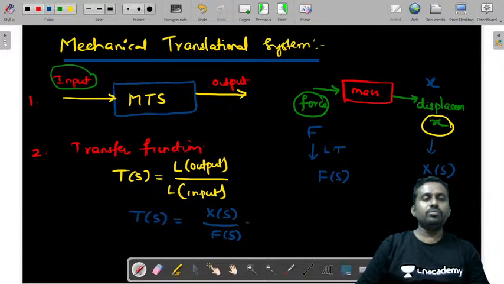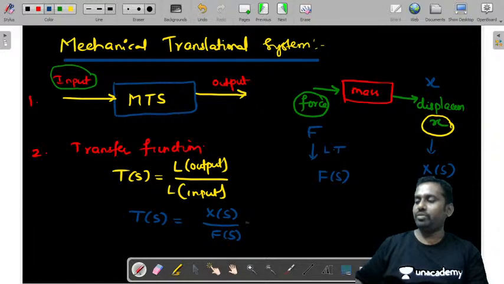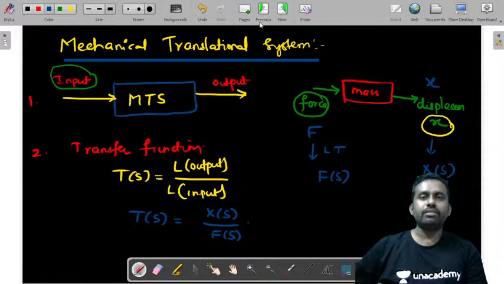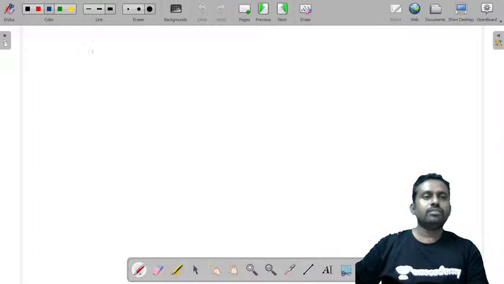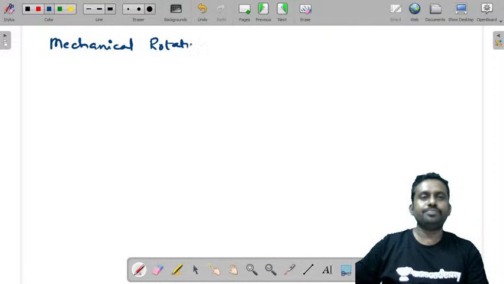Also, we'll see the mechanical rotational system. Then we'll take up a few examples in the next session.